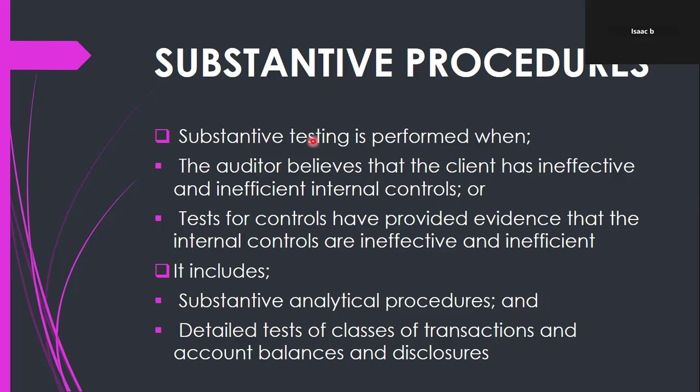So substantive testing is performed when the auditor believes that the client has ineffective and inefficient internal controls, or the tests for controls have provided evidence that the internal controls are ineffective and inefficient. So as I have been talking about it, substantive testing is carried out when the auditor believes that the client has got ineffective and inefficient controls.